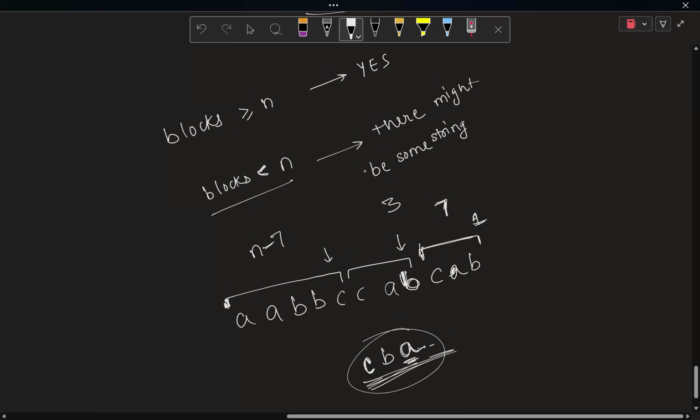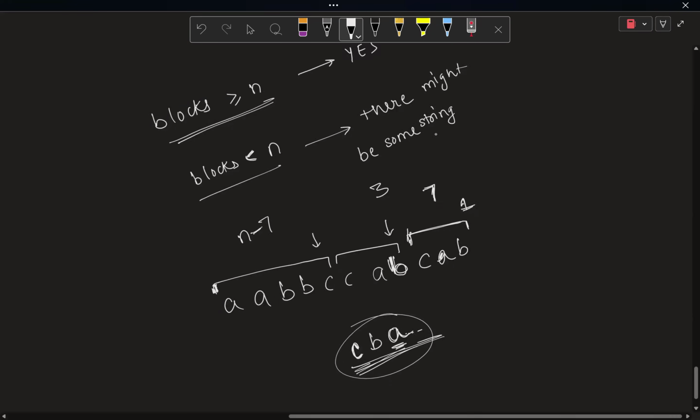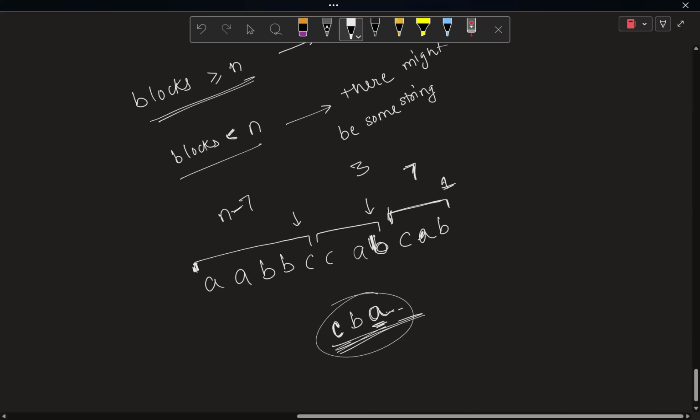So in case n was equal to 3, then the number of blocks would have been the same and I would have never come here. If the value of n was greater, let's say n was equal to 5 here, and this was the string, then I would have seen that after the third block, there is no character. All the characters are absent.